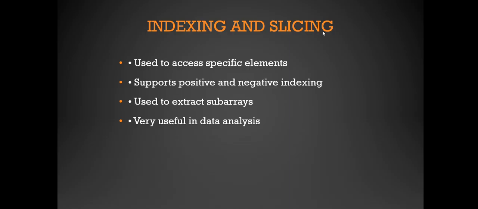Next is indexing and slicing. Indexing is used to access specific data. For example, if you have an array and you have to access any particular index, you use indexing. It supports positive and negative indexing, and is used to extract subarrays, that is slicing, which is very useful in data analysis. Let us see what is indexing and slicing.